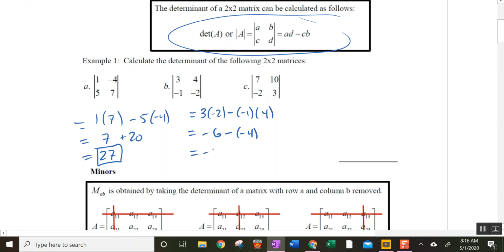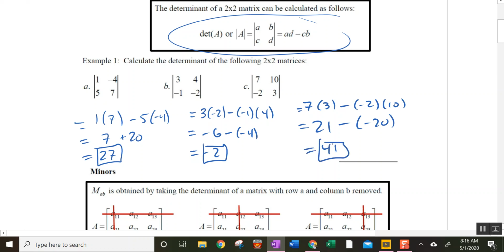Negative 6 plus 4 would be negative 2. And lastly, 7 times 3 minus negative 2 times 10. This is 21 minus negative 20, or really 41. So that's how we evaluate the determinant of a 2 by 2 matrix.